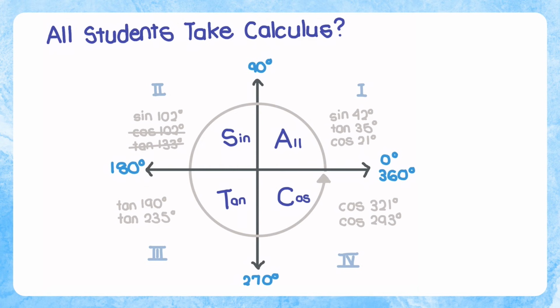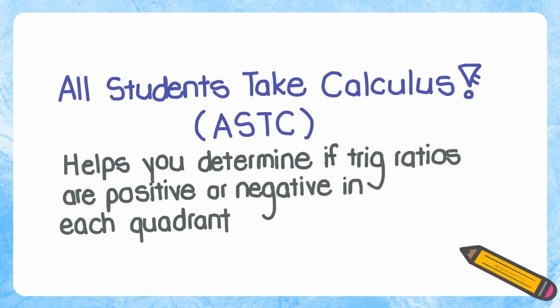So this thing, all students take calculus. A, S, T, C help you determine whether the trig function is positive or negative in that specific quadrant. So this idea of ASTC, all students take calculus, helps you determine if trig ratios are positive or negative in each quadrant.